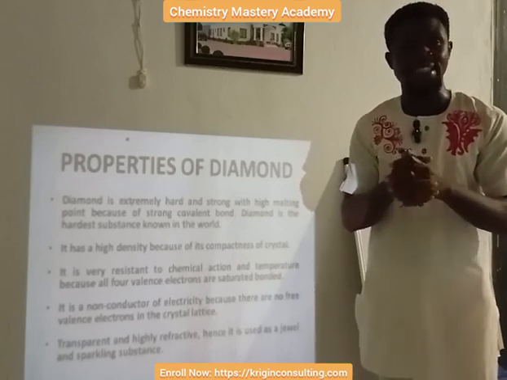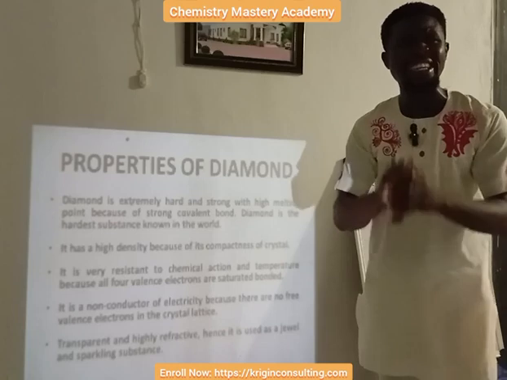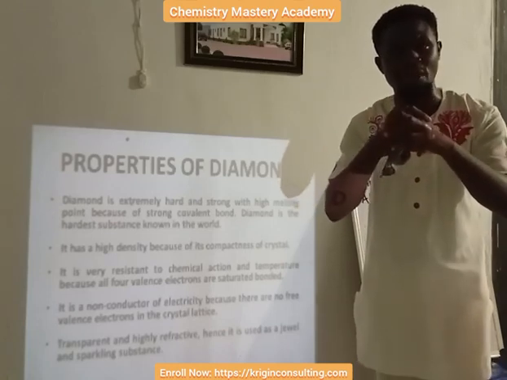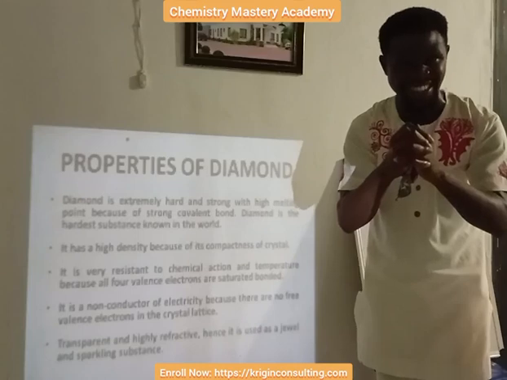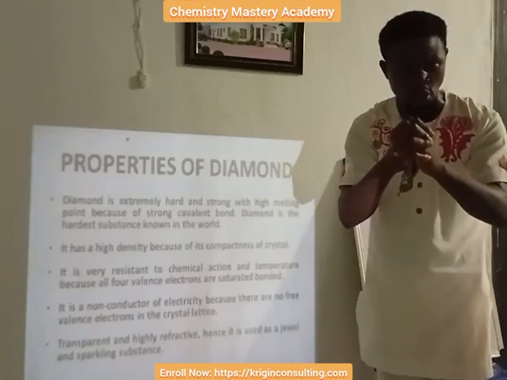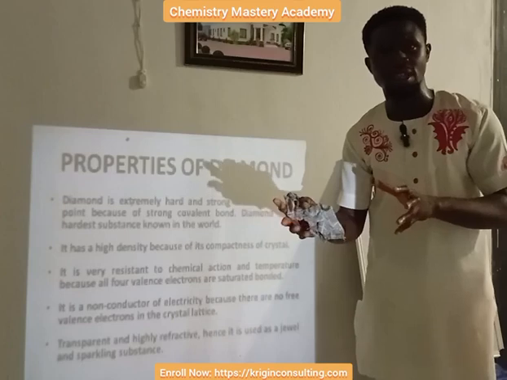Also, the melting point of diamond is extremely high. So to break the bond that exists between the carbon atoms will take a lot of heat and a lot of force. Are we following? That's why we say that only diamond can break diamond.